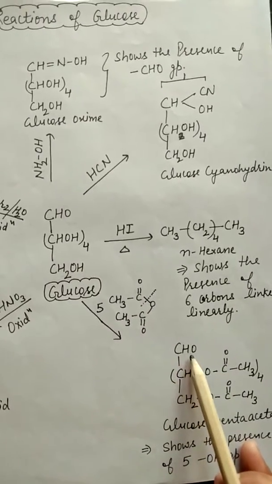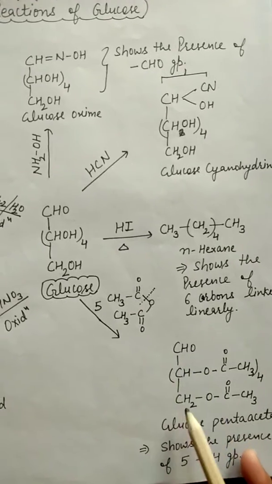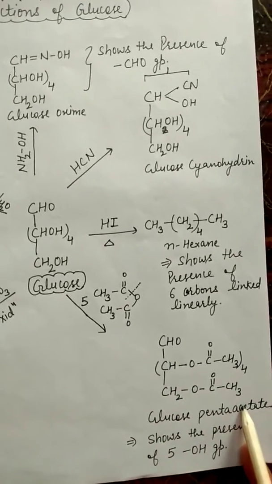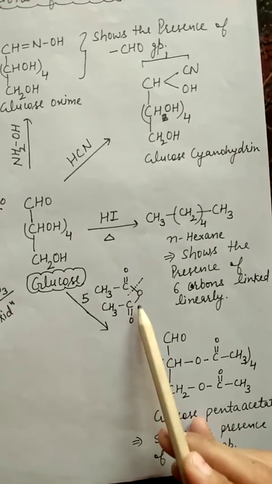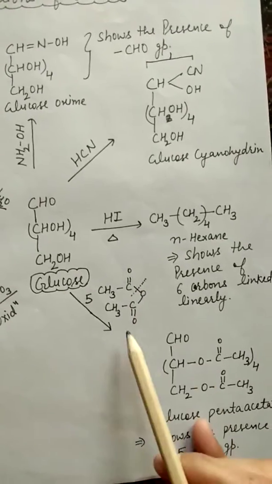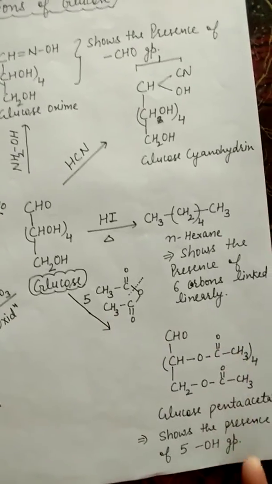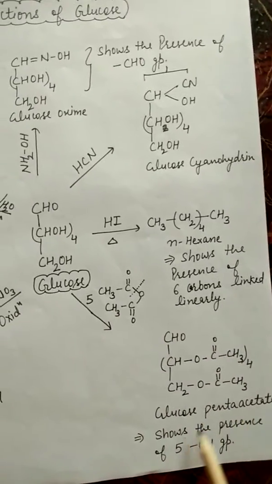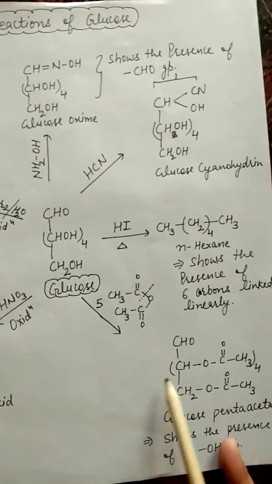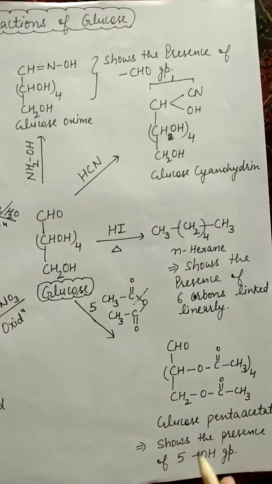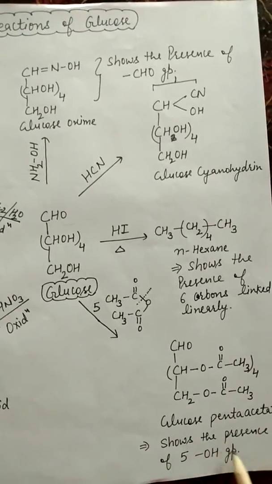So here it reacts to form glucose pentaacetate. This part breaks down and here it joins O, CO, CH3. Glucose pentaacetate is formed. This reaction shows the presence of 5 OH groups.